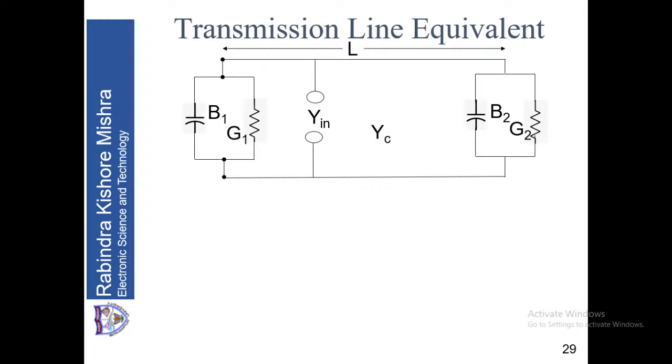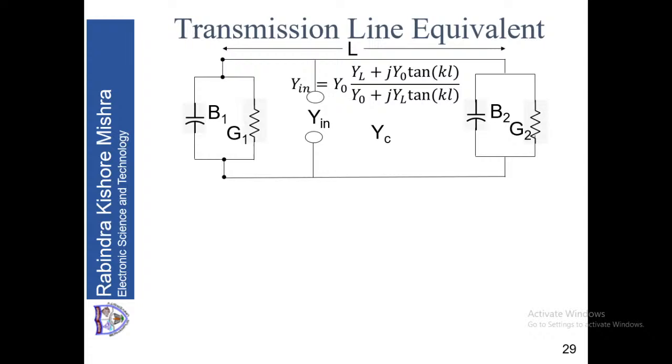Now for this transmission line, the characteristic admittance will be YC, and the characteristic impedance will be ZC. For a microstrip transmission line, I refer to the Pozar book or any other book, even the Balanis book. There you can find an expression for Z0, the characteristic impedance. So use that expression for Z0 or ZC and invert that.